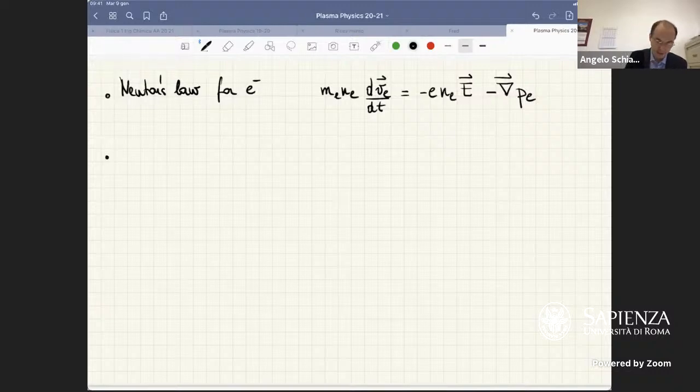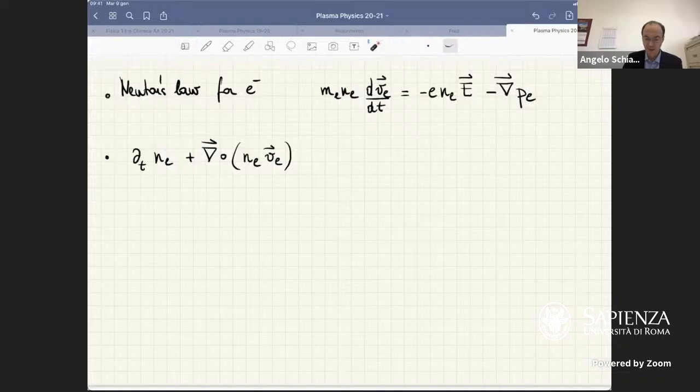So we can write that the derivative with respect to time of the electron density in a given volume plus the divergence of the electron flux, so the local number density of the electrons times the velocity of the electrons, equals 0. This, as you remember from the transport lecture, is the number current for the electrons.